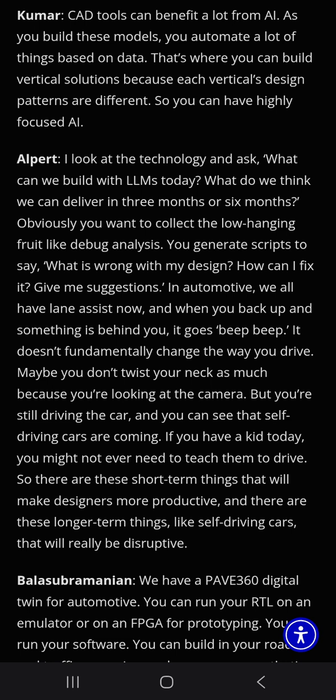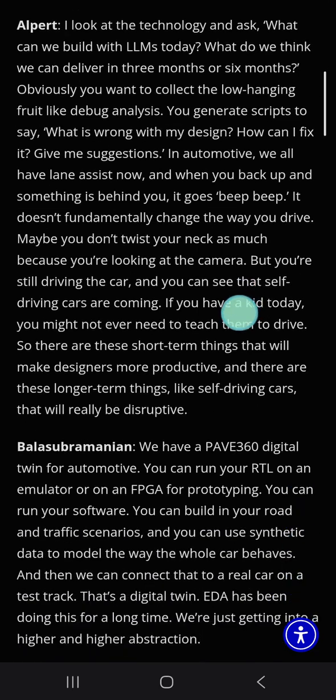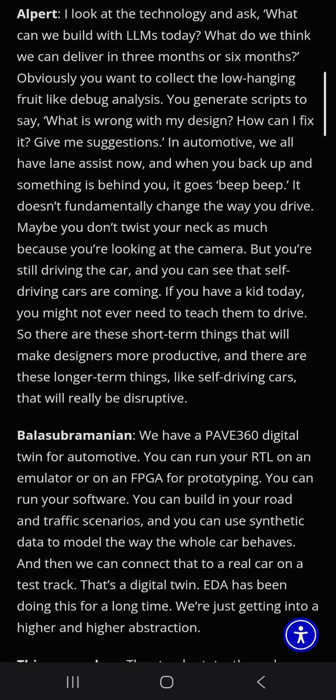And you can see that self-driving cars are coming. If you have a kid today, you might not ever need to teach them to drive. So there are these short-term things that will make designers more productive, and there are these longer-term things like self-driving cars that will really be disruptive.